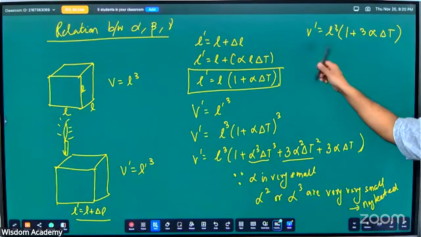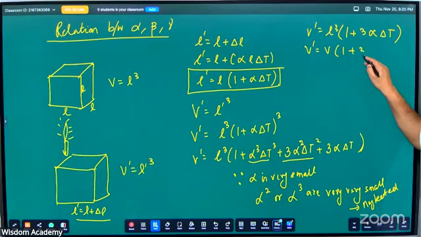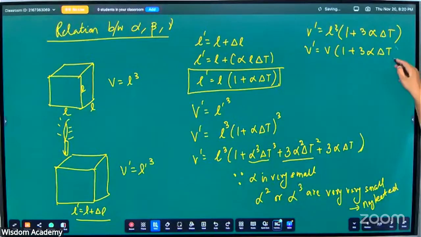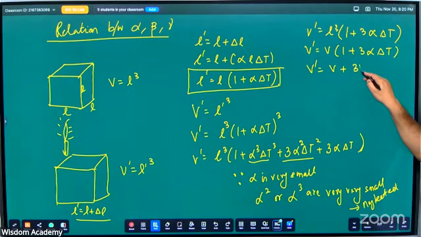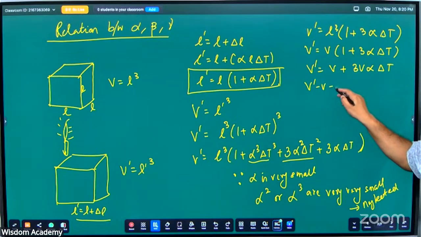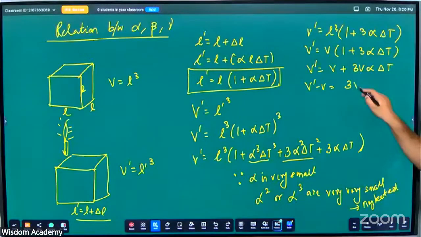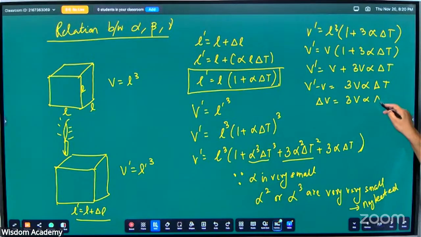Let me write that first here: V dash is equal to V into 1 plus 3 alpha delta T. So I can write V dash is equal to, opening the bracket, V plus 3V alpha delta T. V dash minus V is going to be delta V. It will become equal to 3V alpha delta T. And I'm going to get delta V is equal to 3V alpha delta T. Do you agree with me? This is the value of delta V.